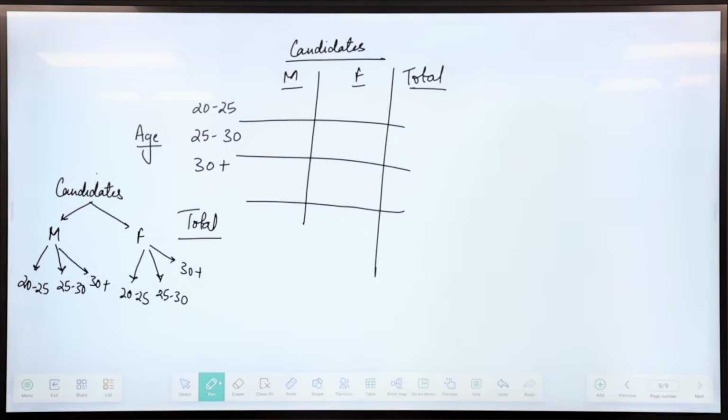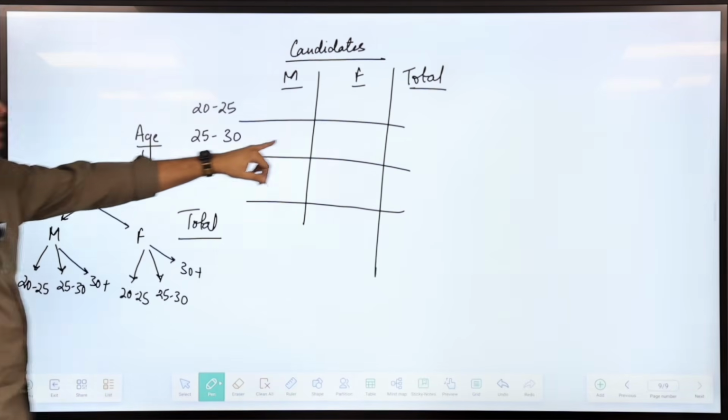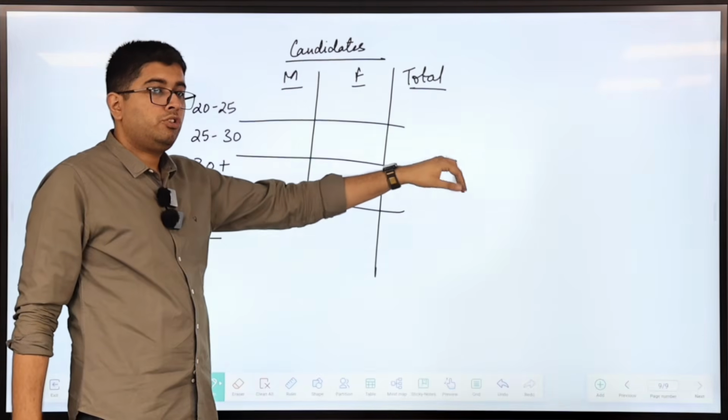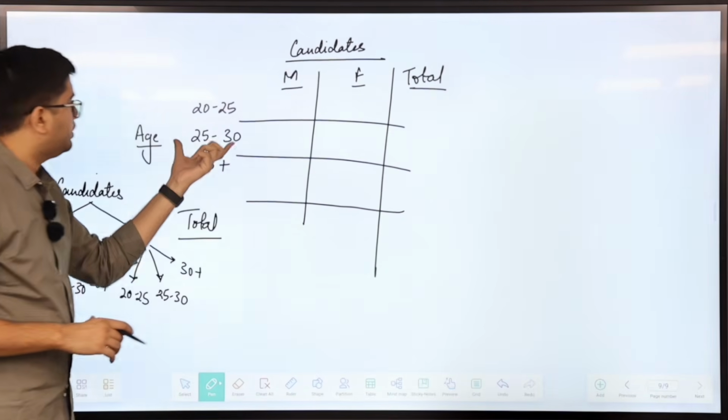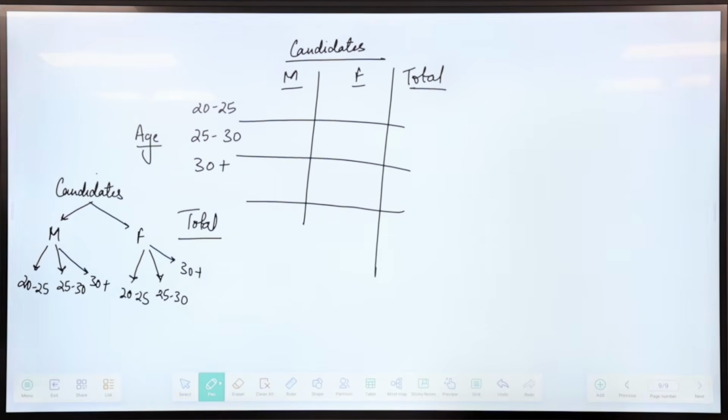If I say, what is the chance that candidates who clear the exam in the age group 25 to 30, how many of them are going to be female candidates? In that case, you're looking at this data and comparing it with the total, because your population is now supposed to be this age group. So based on the phrasing of the question, you should then be able to calculate the probability. All right then. So that wraps up our discussion for quants.